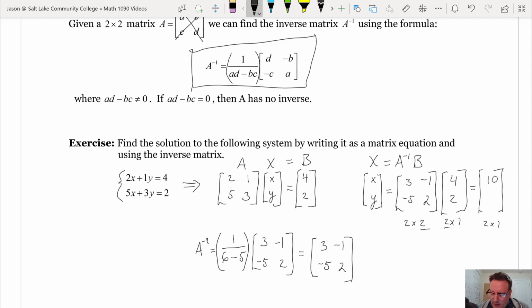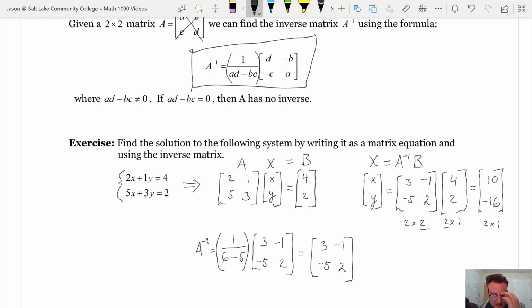And then we take the second row, negative 5 times 4, that's negative 20. Negative 20 plus 2 times 2, that's 4. Negative 20 plus 4 is negative 16. And there we go. That is our solution. X equals 10 and y equals negative 16.